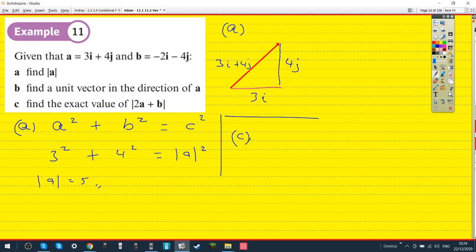Do we need to do Pythagoras for both? So it's like brackets. You'd first find 2a plus b, and then do Pythagoras of that. So 6i plus 8j plus minus 2i.